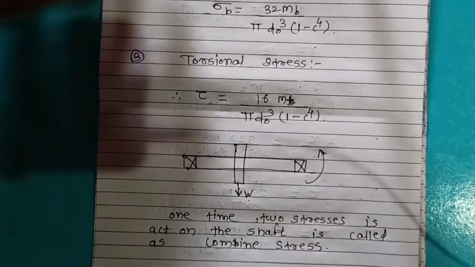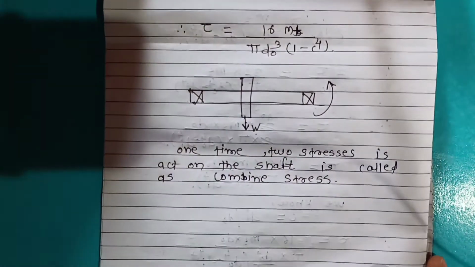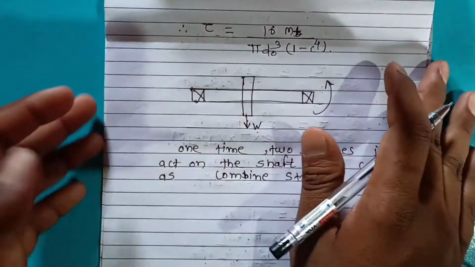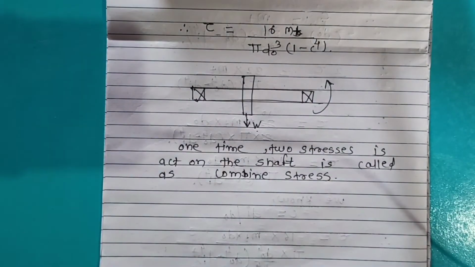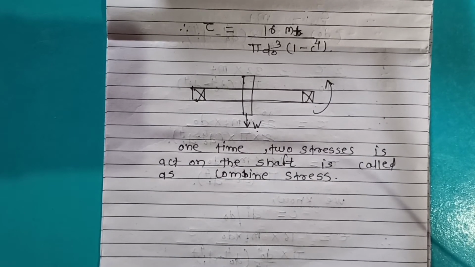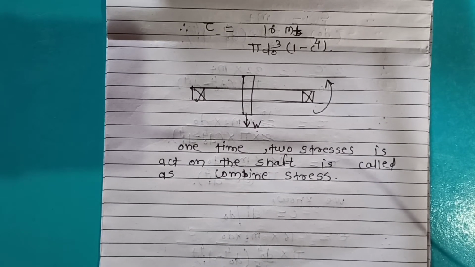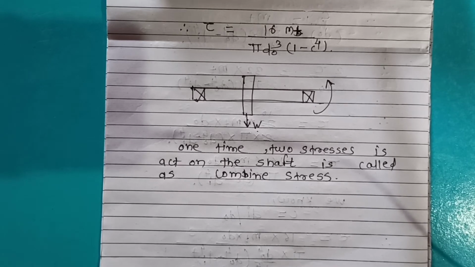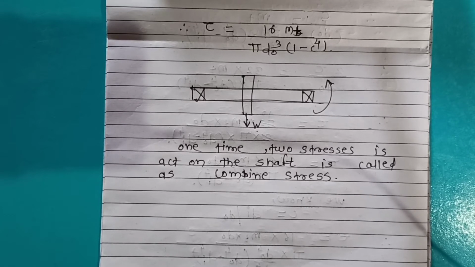At one time more than one stress acts on the shaft, and this is called combined stress. Due to the combined stress the shaft will fail. For that we want to design the diameter of the shaft, or design the shaft, for combined stresses, and for designing the shaft for combined stresses, theories of failure are used.